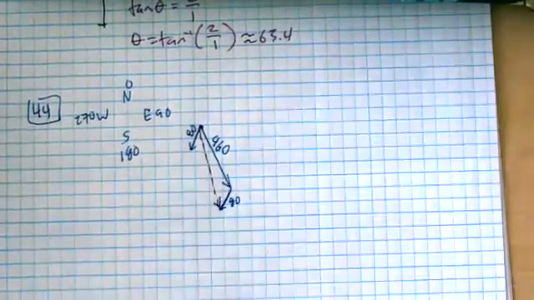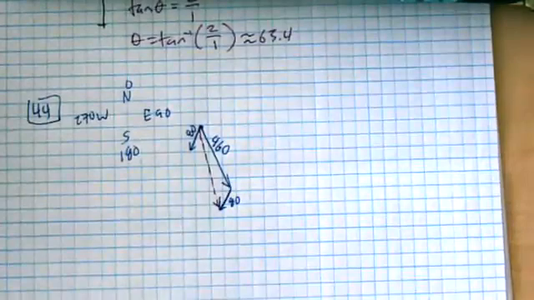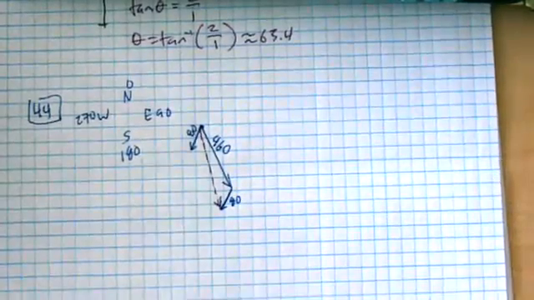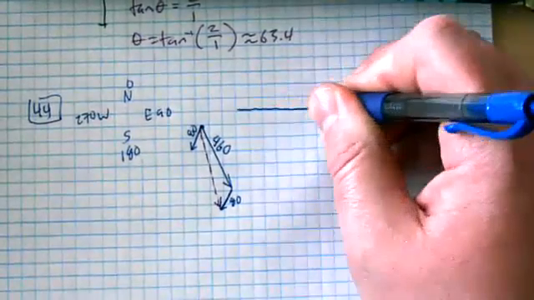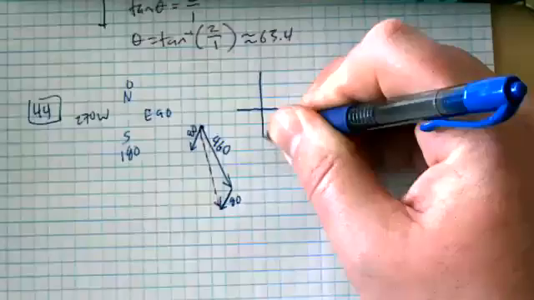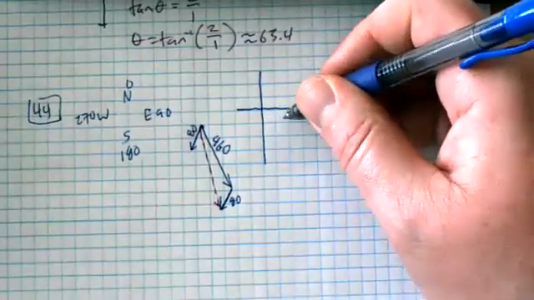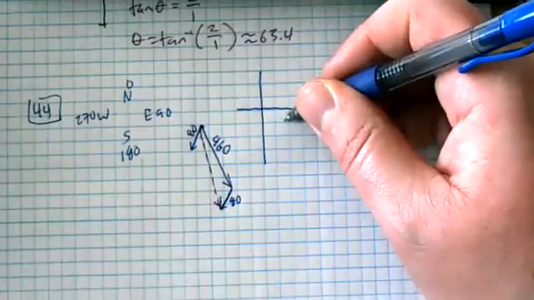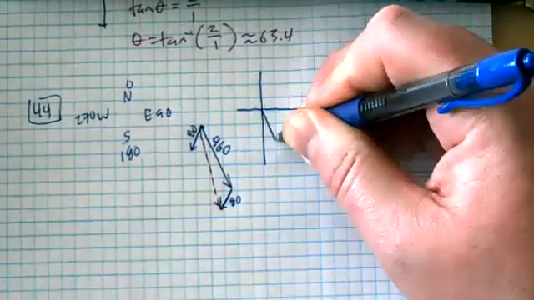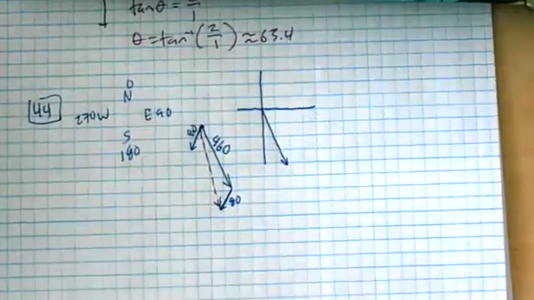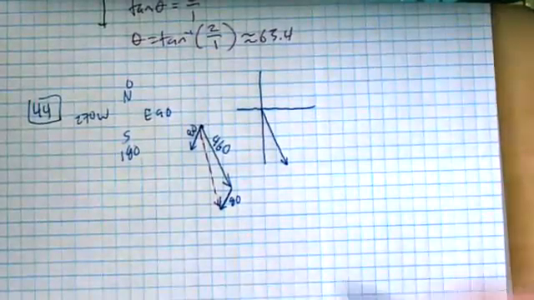Now, the only way we can do this is to come up with a component form for each of them. So I'm going to sketch them both on an XY axis. One of them was heading at 170. It's pretty close to 180.